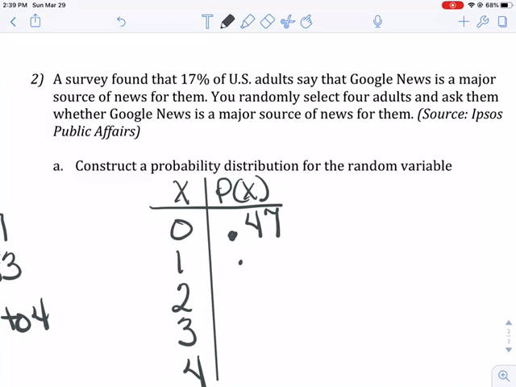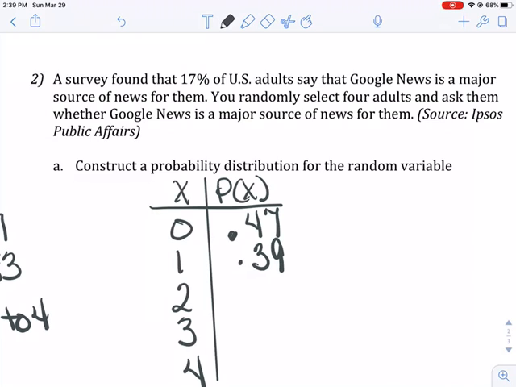Okay, 1 would be... Oop, I thought I had that. All right, so... 0.38 or 0.39, 0.389 or 0.39.